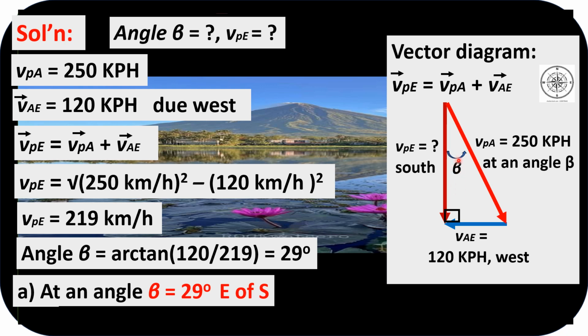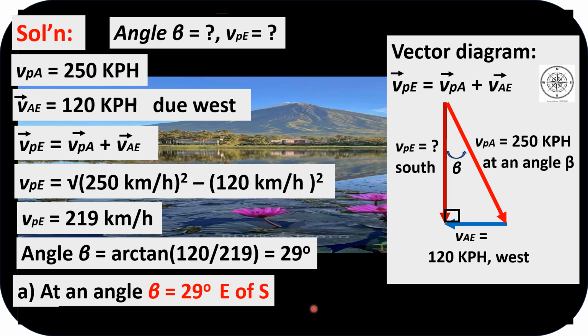That's why it's called east of south, which can also be described as 29 degrees southeast. 29 degrees southeast is just the same as 29 degrees east of south.